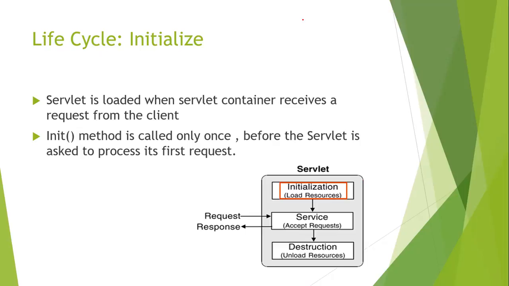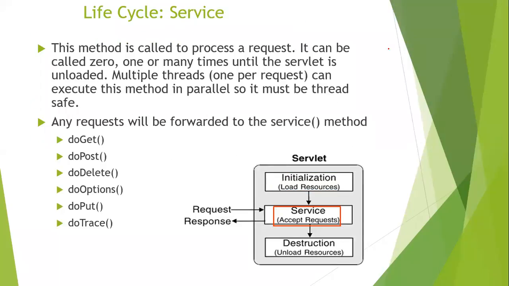Now then, in service method, one thread is created per request. As and when request comes, a new thread is created to serve that request. If there are n clients which are sending a request for the same servlet, then n number of threads are created here, and each thread is responsible for serving the specific request.